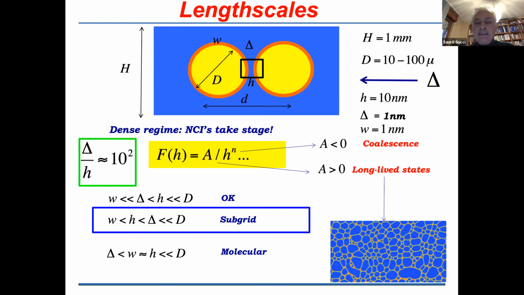And 6 decades, as you know, there is no way we can, even on the exascale, simulate 6 decades in 3D, but you probably can in 2D, and I will come to that in the final part of my talk.